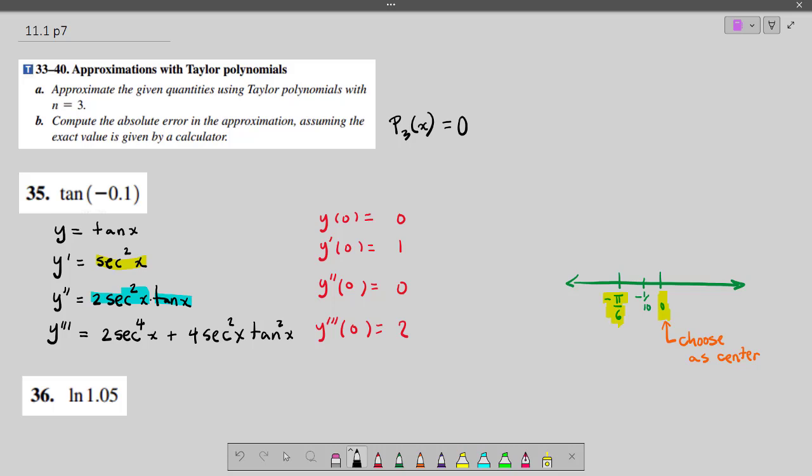So it's 0 plus 1, multiplied by x minus the center. Well, the center is also 0, so maybe I'll put the 1 just so that we can really see the pattern, and I'll put the minus 0 just to emphasize. So that is the first order term. This right here is p sub 1. P sub 1 is the first order.